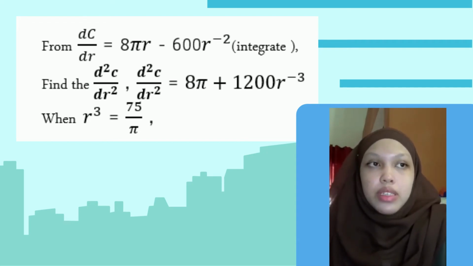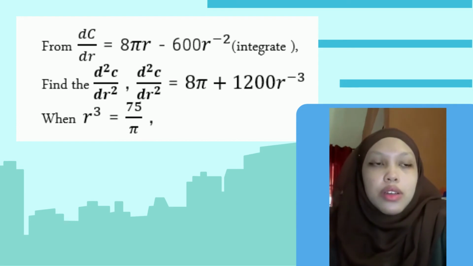To get the cost, we need to find d squared C per dr squared. So from dC per dr, which is 8 pi r minus 600 r to the power of negative 2, we need to differentiate dC per dr one more time. So we get d squared C per dr squared, which is 8 pi plus 1200 r to the power of negative 3.